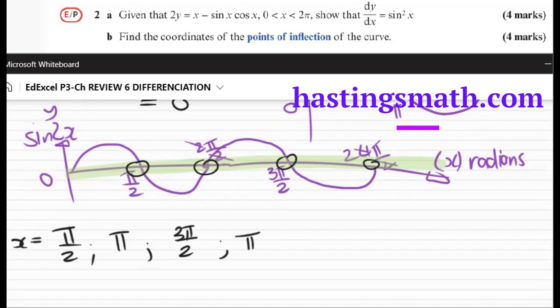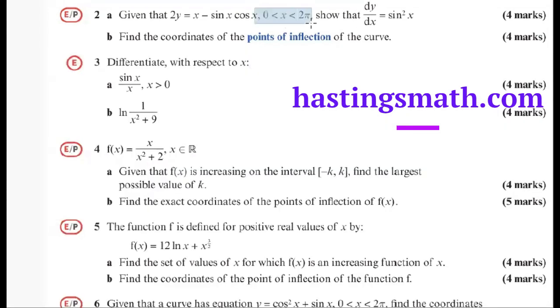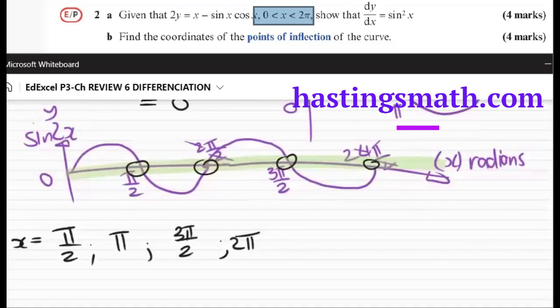Oops, I'm just checking my restriction again. It was not including. So always check your restrictions at the end. This here, not including, so it's not including 2 pi. And that should be it.